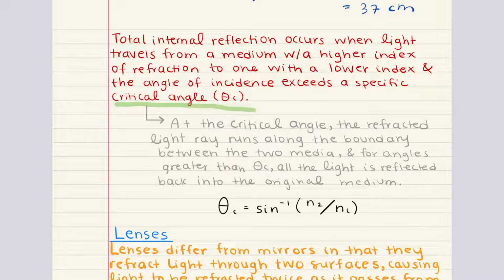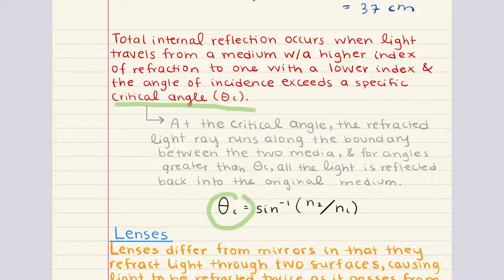This is known as the critical angle. When the angle of incidence is exactly equal to the critical angle, the refracted ray travels along the surface, creating a boundary effect without penetrating into the second medium.